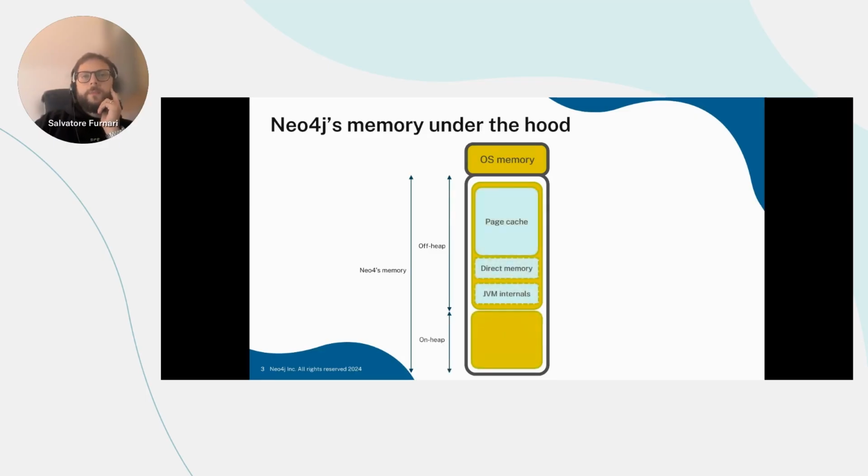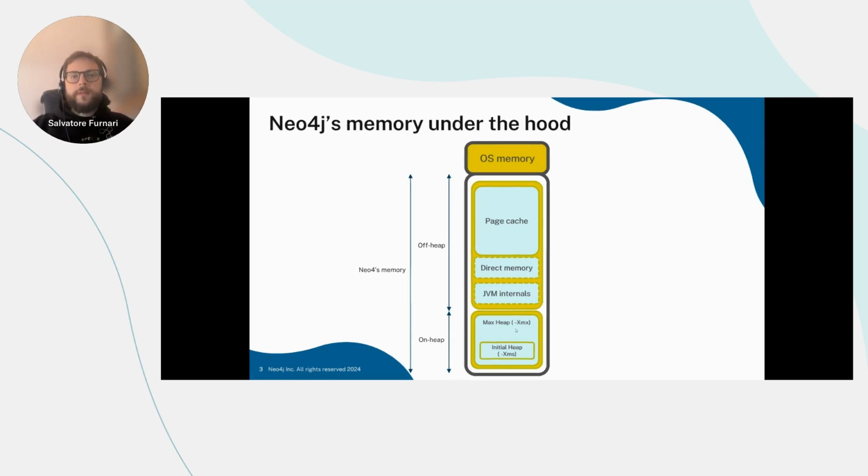In off-heap memory, we have the page cache, which contains indexes and cached data. And in on-heap memory, we have the instantiated Java objects, and the on-heap memory is handled by a garbage collector process, as in every Java process in the world.